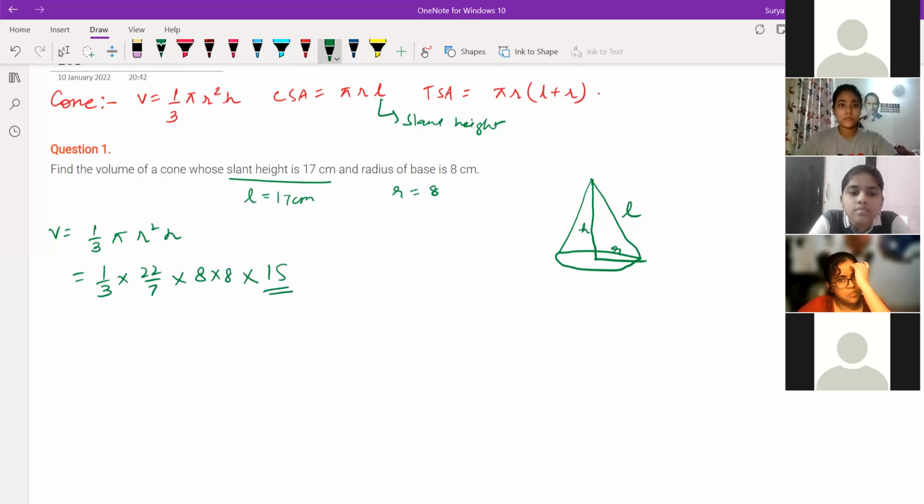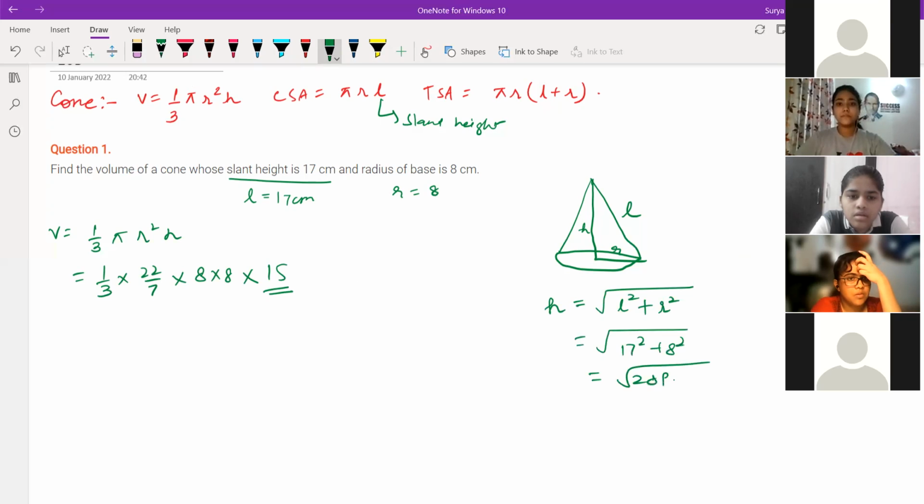Anyone tell me? See, we use the Pythagoras theorem: L square minus R square, so 17 square minus 8 square. So 289 minus 64. Sorry, here we should do minus. The root of 225 is 15.